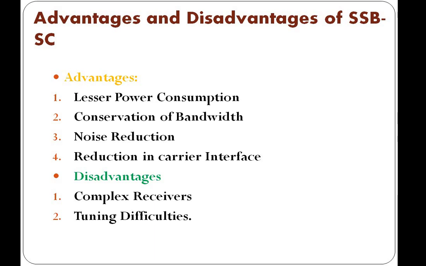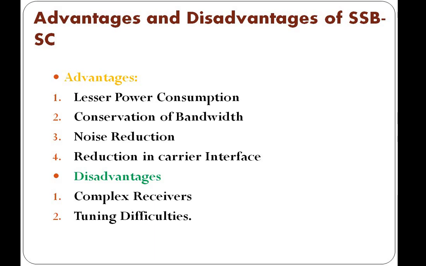Here no carrier is transmitted, so there is no possibility of carrier interference. So those are the four advantages: less power consumption, bandwidth reduced to half, noise also reduced because of the bandwidth, and because we suppress the carrier, no carrier interference.